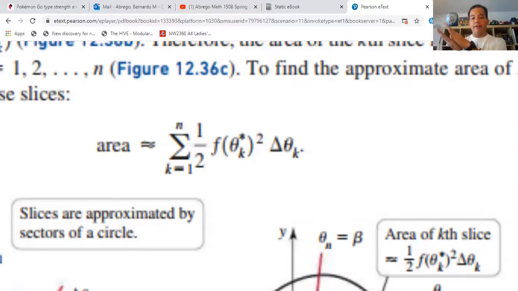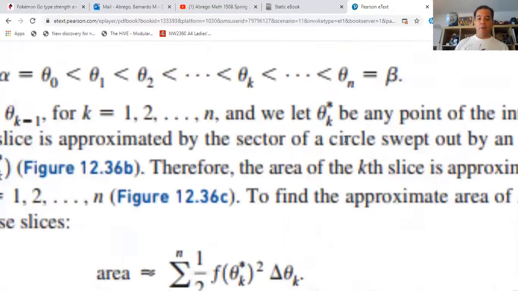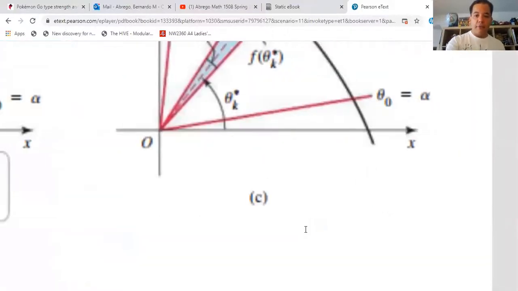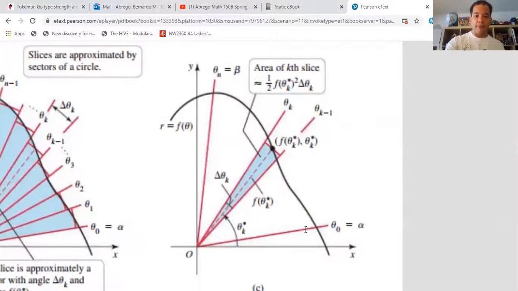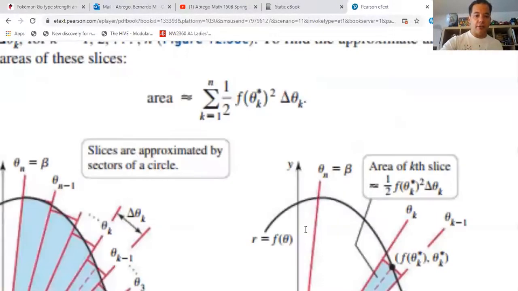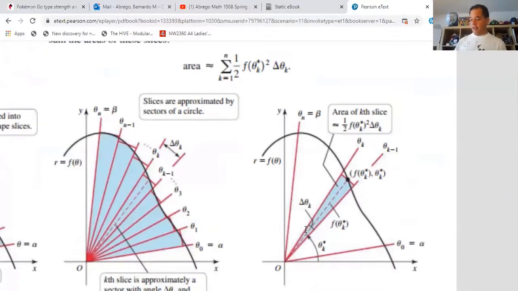And the little angle is delta theta k, right? And then what happens when we let n go to infinity? Well, this becomes a so-called Riemann sum, right? And that will be on the next page, or I can write it on the screen actually. So let me put this one here, and I'll do it handwriting. So the area we have is approximated by adding up all of these pieces.